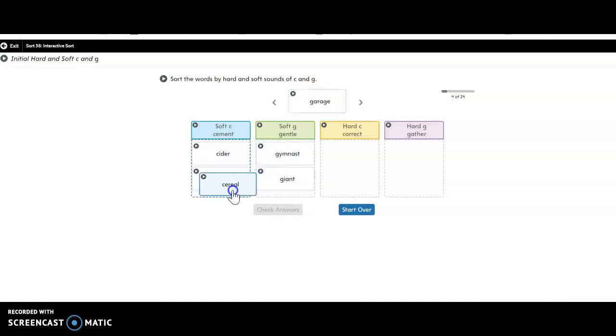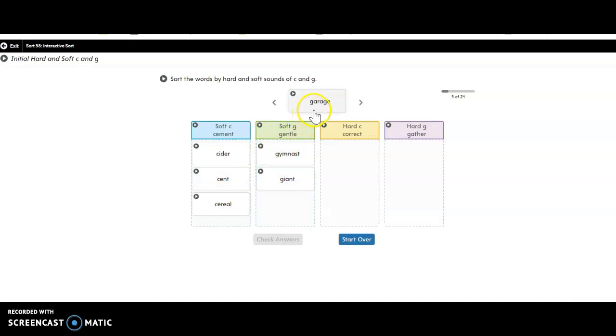Cereal. Again, soft C. Garage, or garage. How do you say that? I say garage. That's kind of got two weird G sounds in it, doesn't it? J, G, and J. But this is all about the initial sound. So the G in garage is a hard G sound.